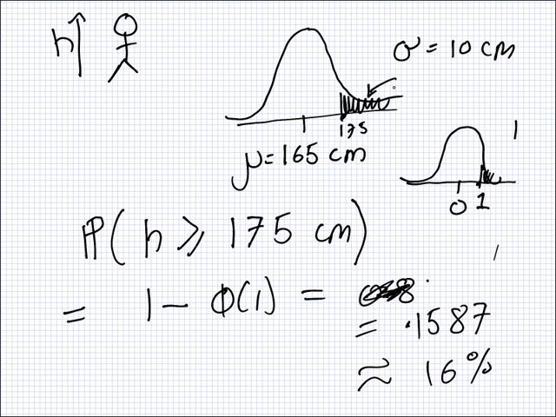So 175 is 16%. 50% of people are taller than 165, so more than 175 should be smaller than 50%. There's 34% between 165 and 175.